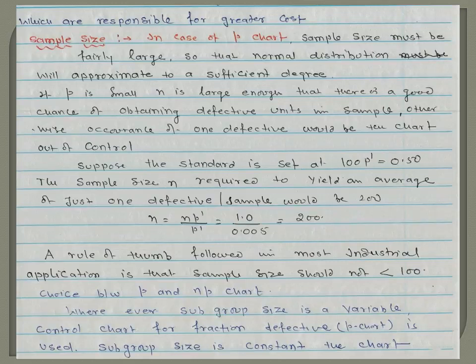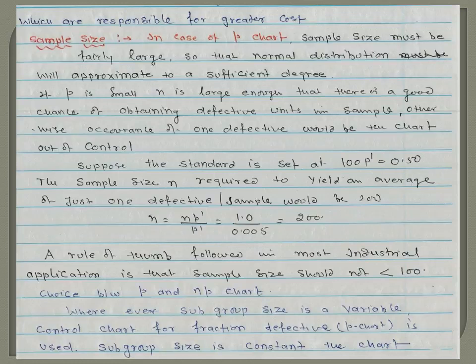Wherever the subgroup size is variable, the control chart for fraction defective, the P chart, is used. That means sometimes the number of products we are selecting in a particular sample may be 50, in another case 100, in some cases 75.